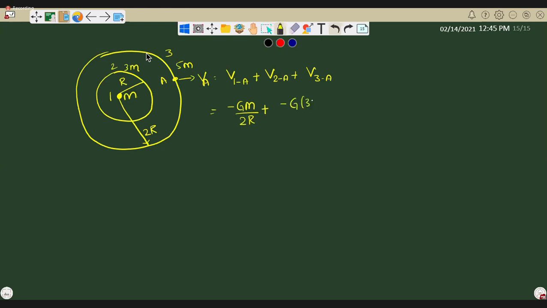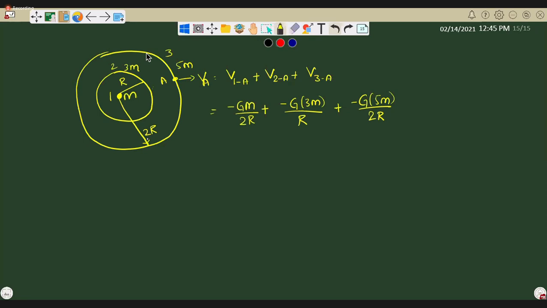Minus GM by R. 3M by... What is the potential because of... see, this distance is R only, no? Yes, sir. Because of this, the potential is minus G 5M by R, from here to here, 2R. Yeah, 2R, no?